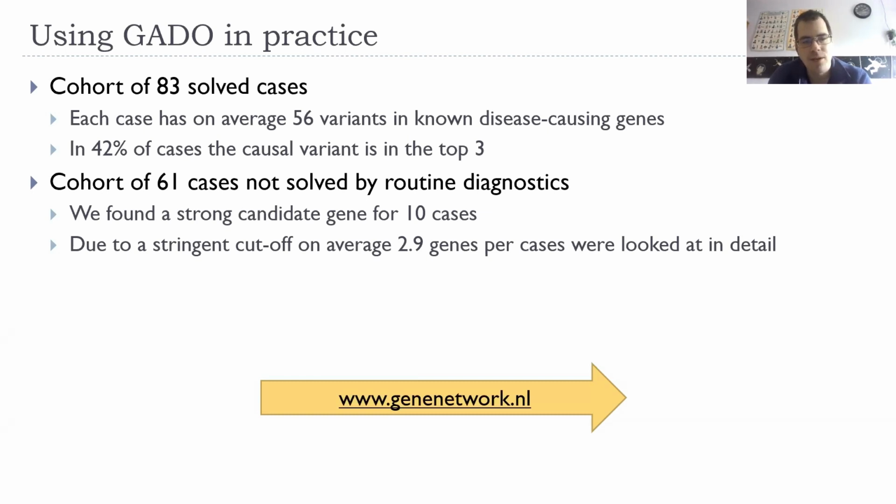Then we also applied it to a cohort of 61 cases which are not solved by routine diagnostics, and we found strong candidate genes for 10 of these cases. And due to a stringent cutoff, on average we only had to look at 2.9 genes per case. And the burden of evidence that we have varies, but we actually have one gene which was completely novel at the time, that we also validated using experiments.